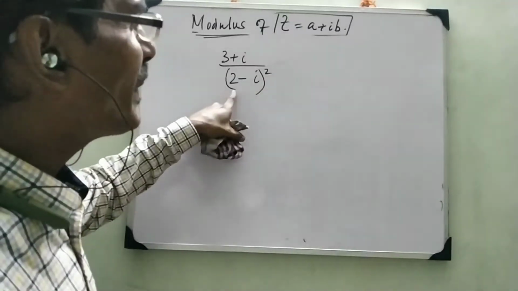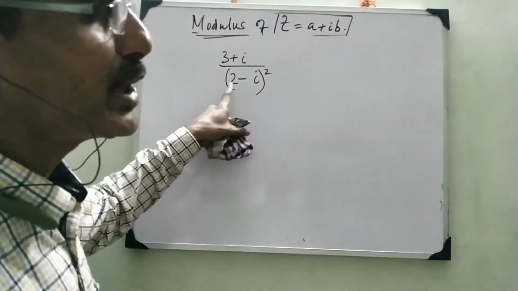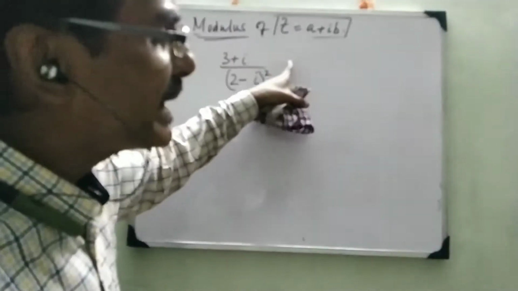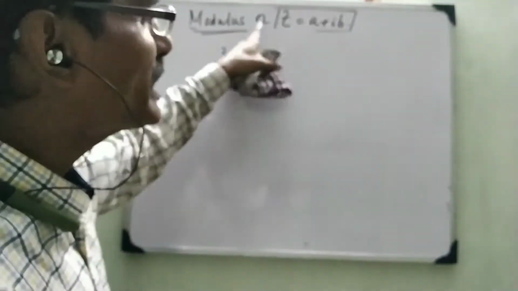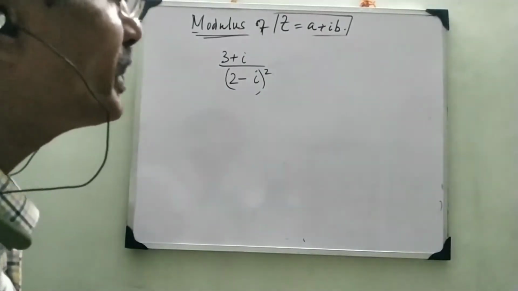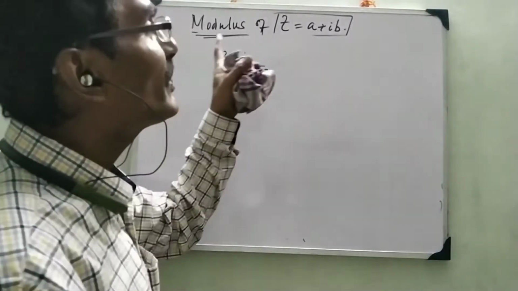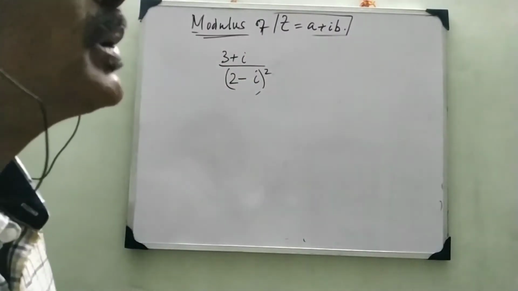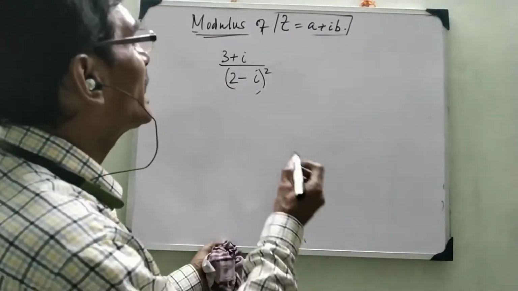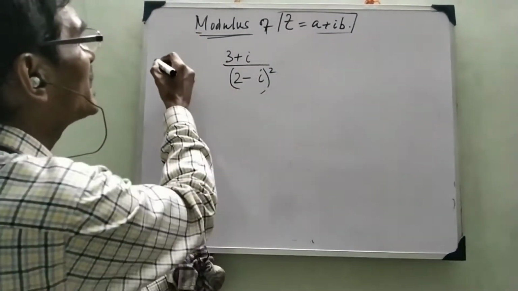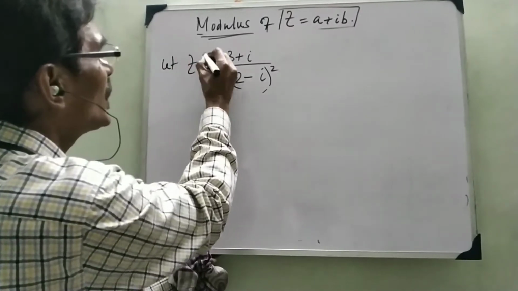Numerator same. If I expand this one, again the denominator will come in the form of a plus ib. And then by rationalization, the full question we can make as standard form a plus ib. After making a plus ib, then we can find the modulus, but the method will be lengthy. The simple method, question is given, find the modulus of this, or as a symbol you can write let z equal to this.